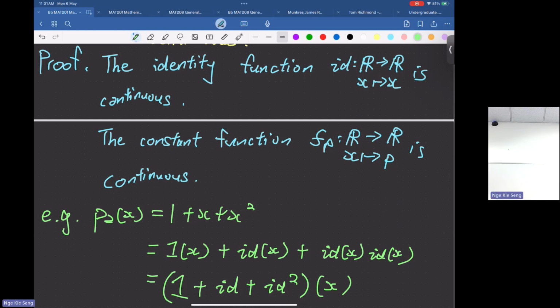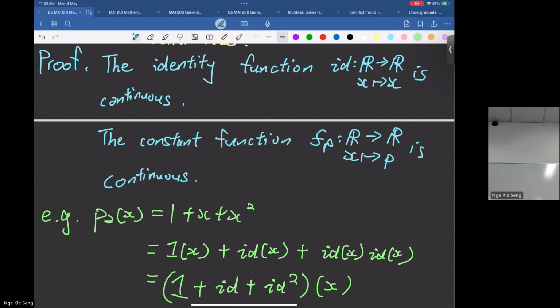I don't just see 1 and x squared as numbers or variables; I see them as functions. This 1 here is not the number 1; it is the function that sends everything in the domain to 1. Does it make sense?